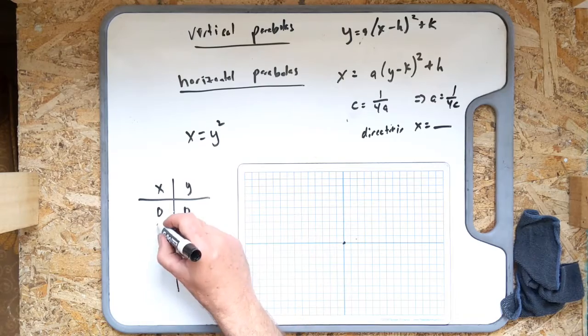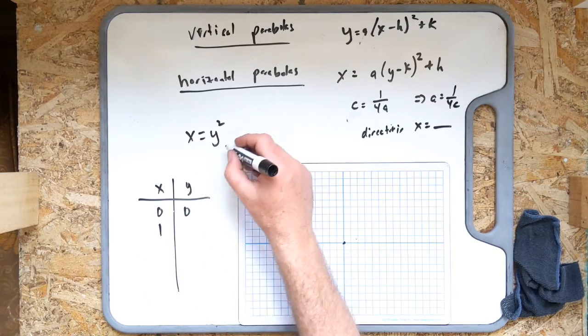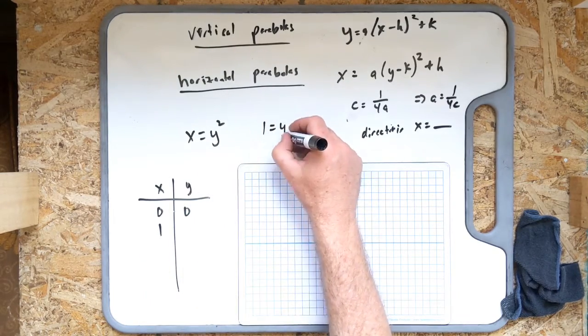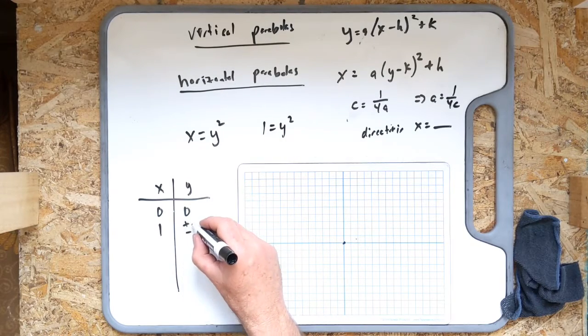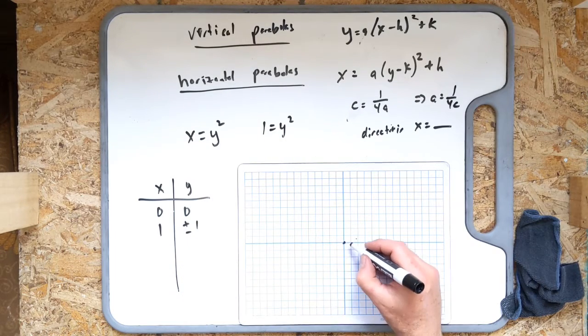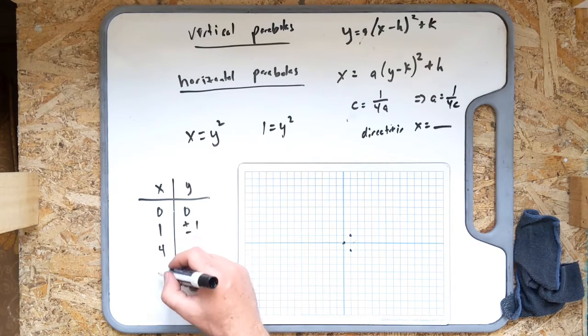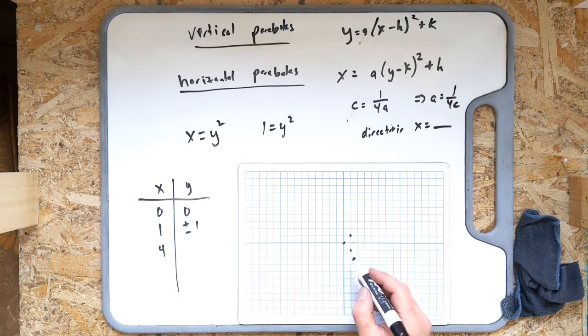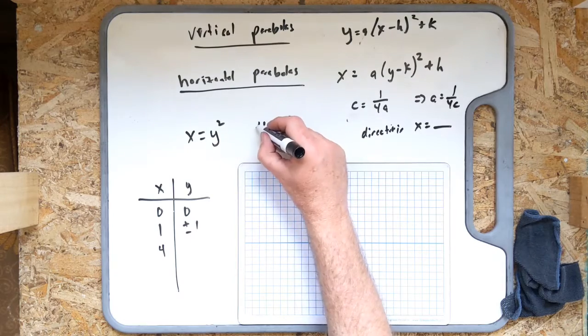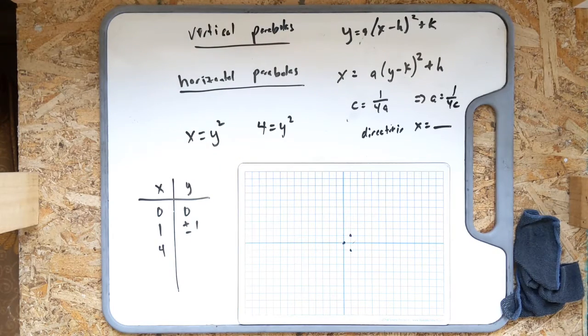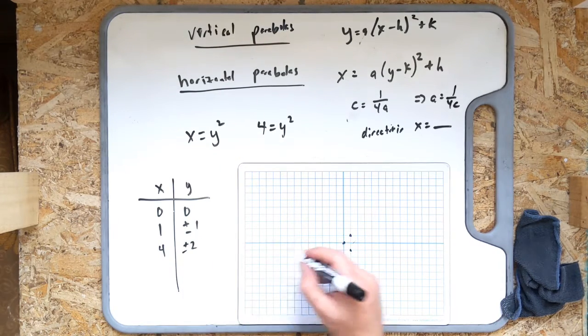If I plug in x of 1, I get 1 equals y squared, and y is plus or minus 1. 2 points. I'm going to skip to 4, and you'll see why in a moment. If I put x is 4 in here, I get y squared is 4, and therefore y is plus or minus 2.